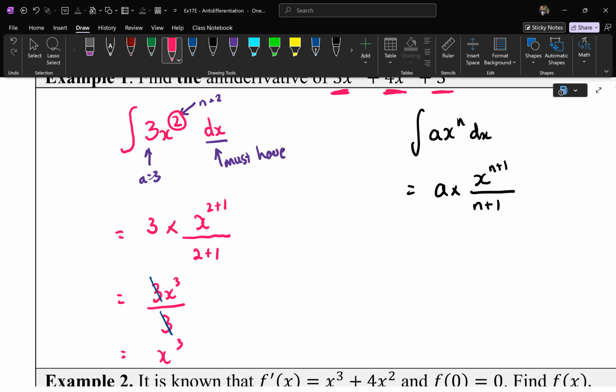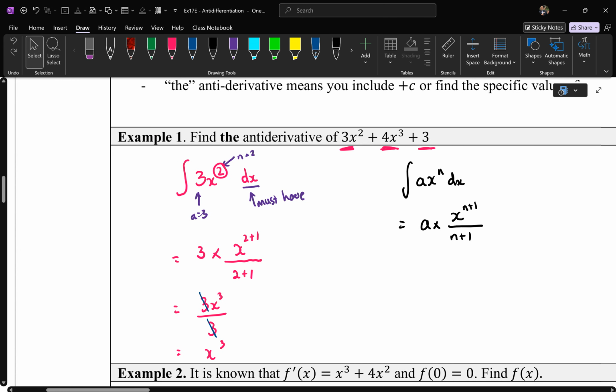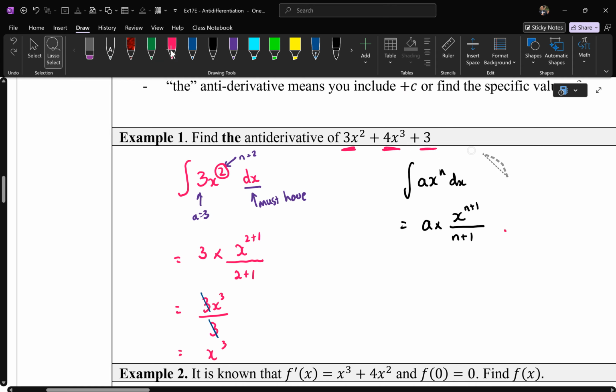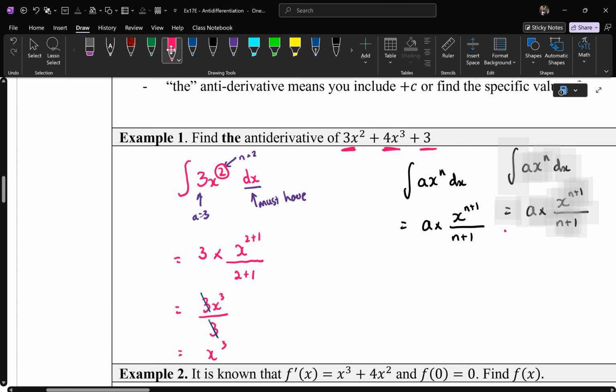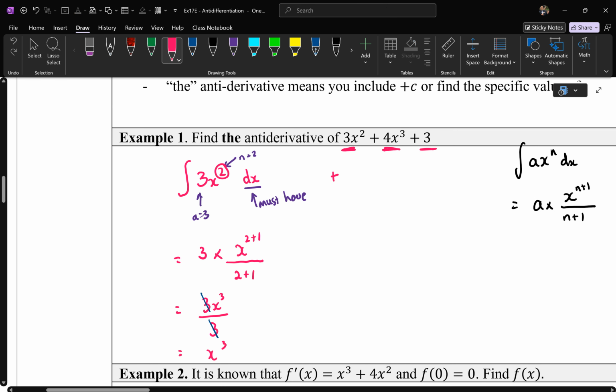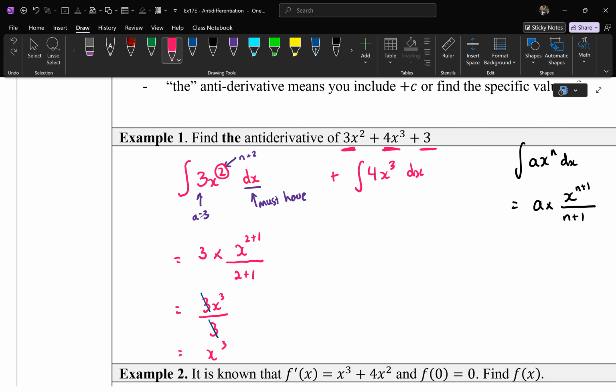Okay? Let's practice again. We're going to do the next one. Copy it down. We're going to move this across. All right, let's do the next one. Next one was plus antiderivative of 4x cubed dx. Let's follow the rule. A is 4. N is 3.